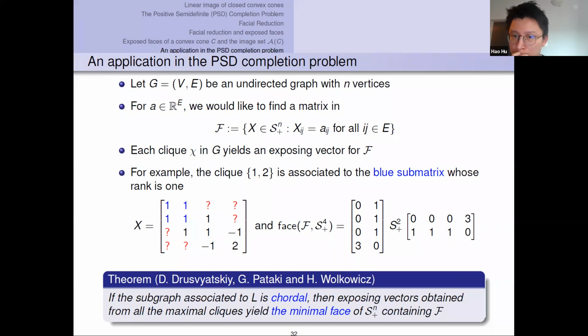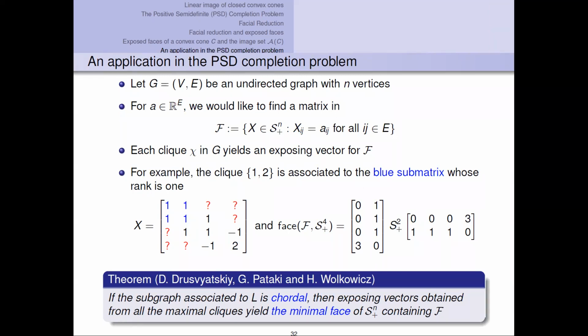So for the EDM completion problem, you have an EDM and some specified entries, and then the max rank. Suppose the maximum dimension of the EDM is r. Then your stress matrix will be n minus r minus 1 for chordal graphs.